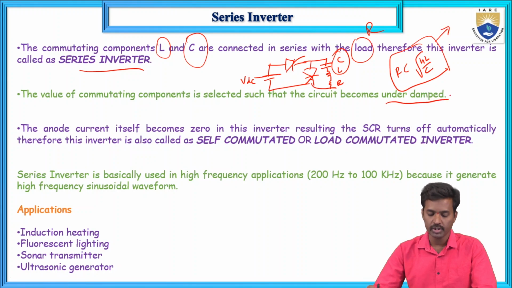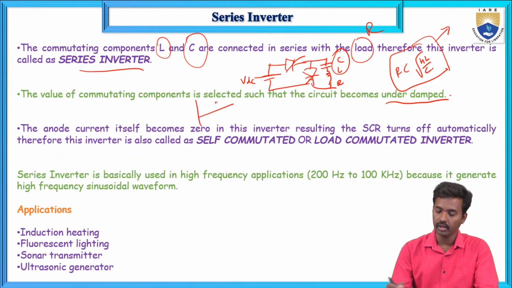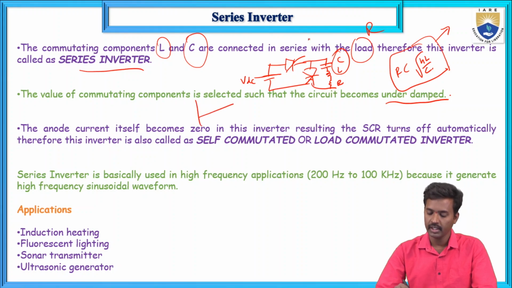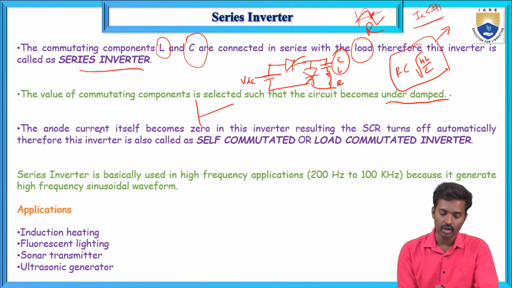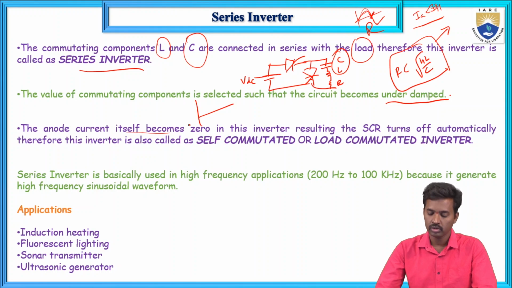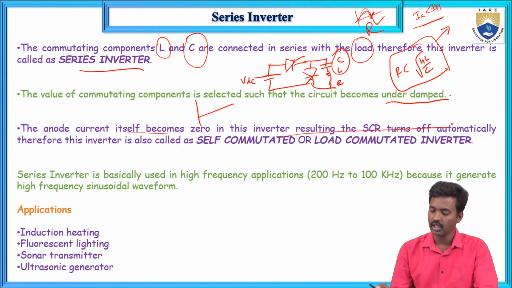If any DC excitation is given to the RLC circuit, the output current is a sine wave. When the output current is 0, the anode current is less than the holding current, so then only the SCR will be turned off.